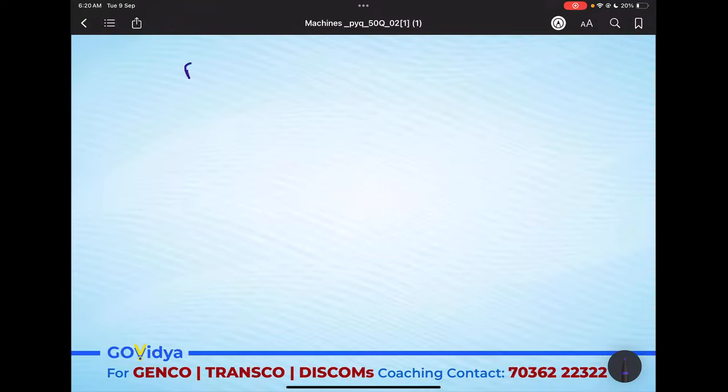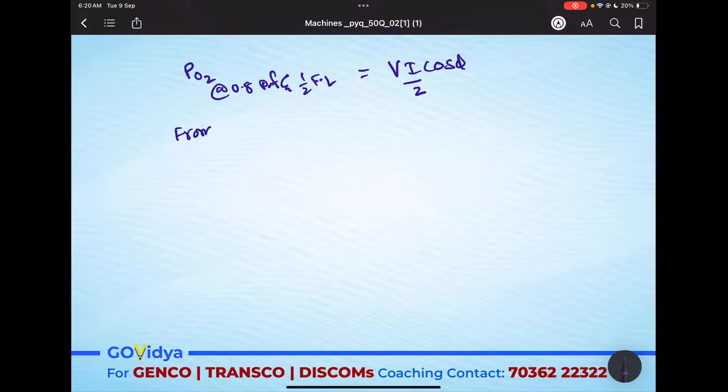Now we need to calculate P02 at 0.8 power factor and half full load condition. What will be the formula? VI cos phi, I is going to be divided by 2 because at half full load. From equation 2 we know the VI value.